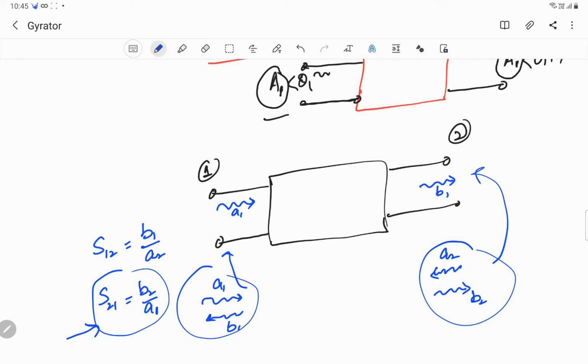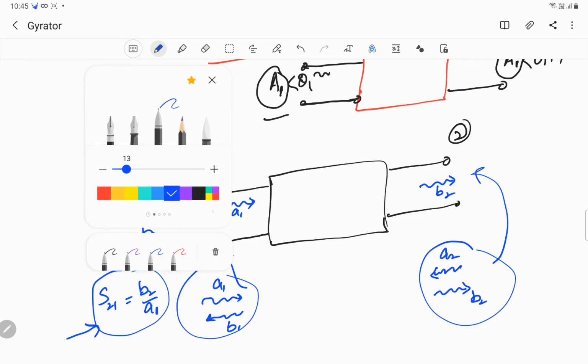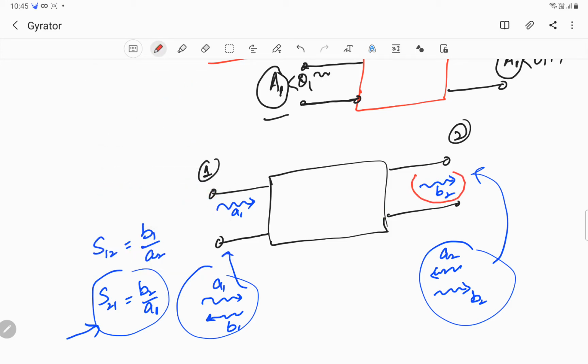So the ratio of B2 by A1, let me use a red color, is our S21, which is also called the forward gain. I am feeding a signal at port 1, which is A1, and I receive something at port 2, which is B2. So the ratio B2 by A1 is equal to S21.